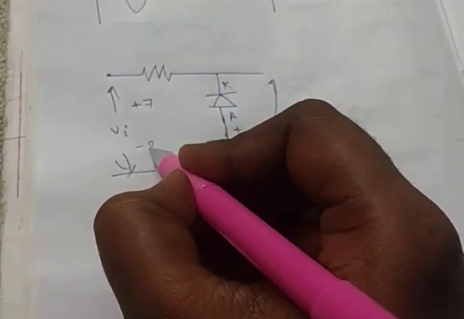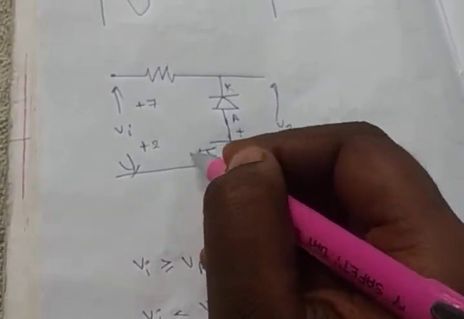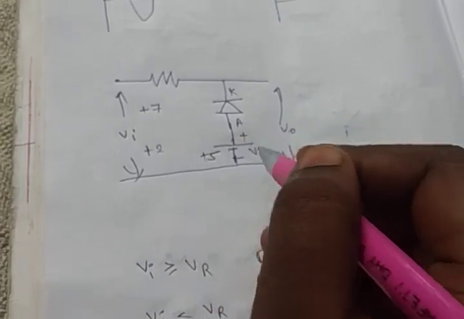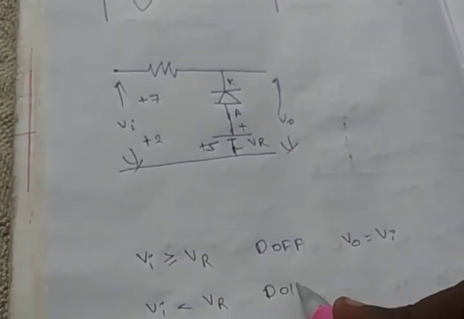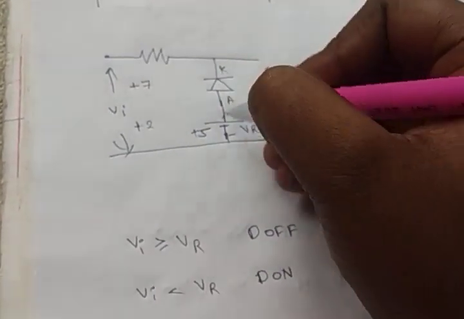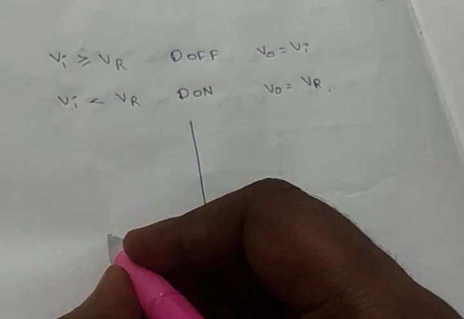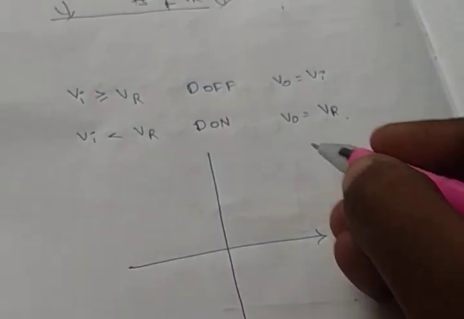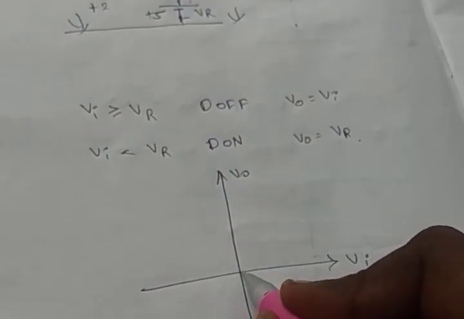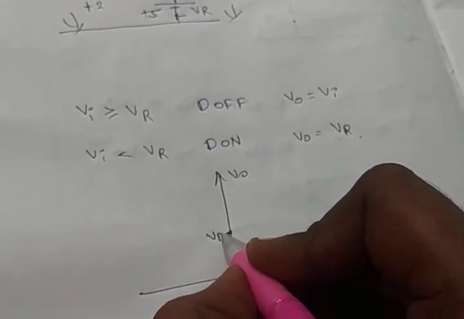If it is a lesser value, that is plus 2, which has less positivity, the diode should be in on. So output will be equal to, across the shunt line we have VR, so VR is the output.